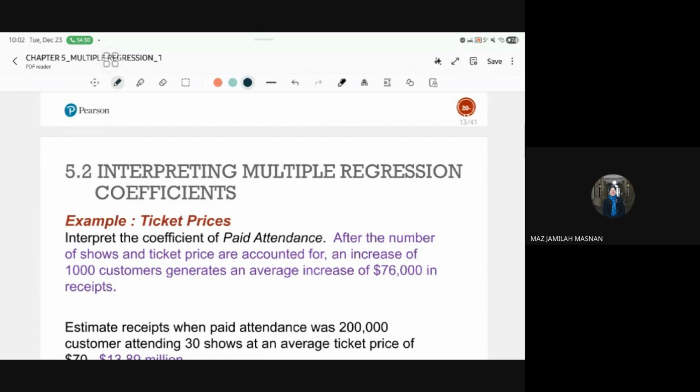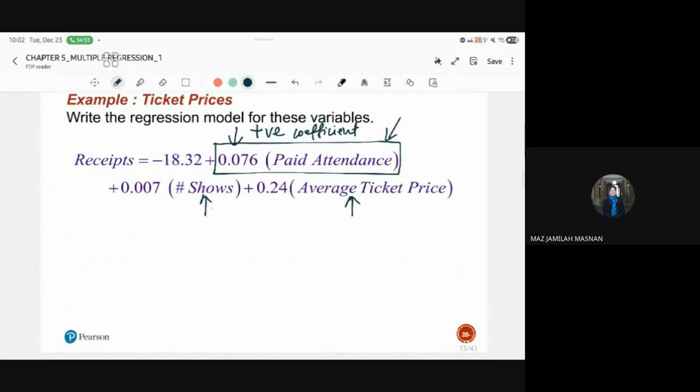Sometimes certain books say fixed, sometimes constant. They are almost similar in meaning. So after the number of shows and ticket price are accounted for, it means that we hold the number of shows and average ticket price fixed.